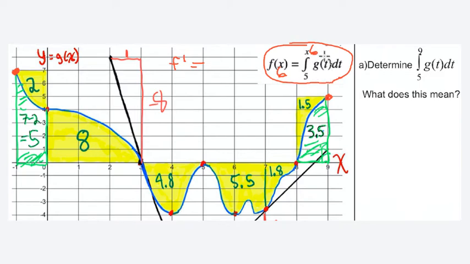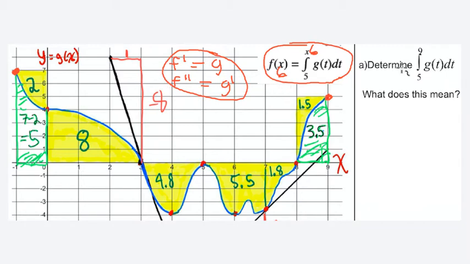F prime equals g, because remember, when you differentiate an integral, they're inverses, so it gets rid of the integral. So f prime equals g, and then f double prime, the concavity of f, is the slope of g. You must do this on these types of questions. If you do that right off the bat, it's probably helpful.